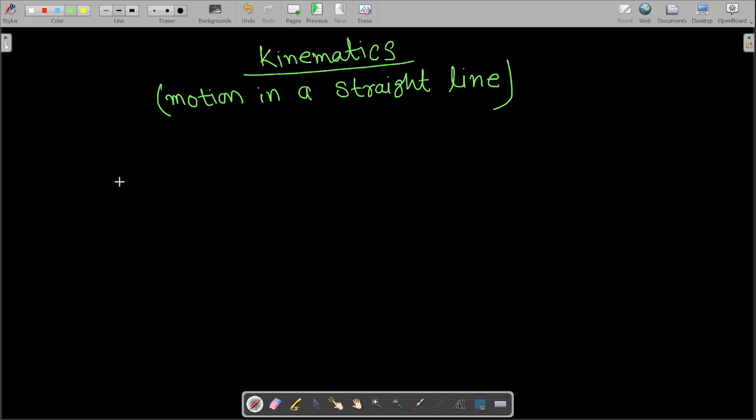So before going to this chapter, some definitions and some concepts are required. So first of all, we would discuss those topics. I hope you all know this, but I will have to explain this. Now see, the first term is distance.